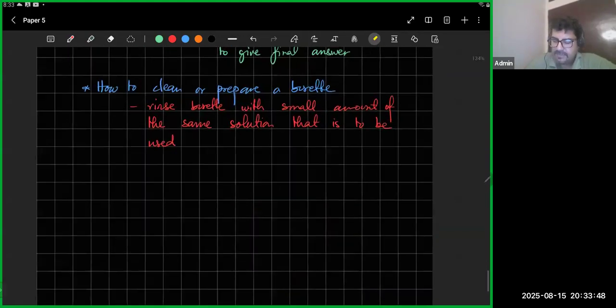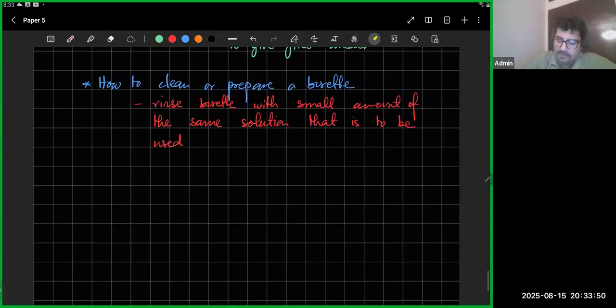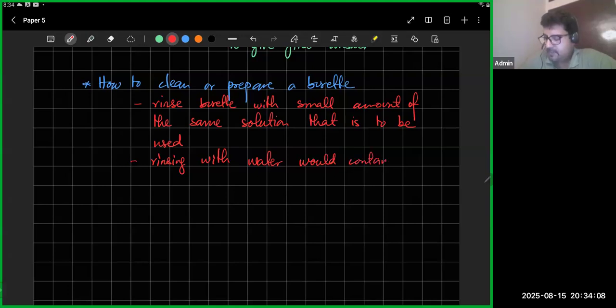The problem with rinsing with water is that we can't dry it, so it would contaminate it with water, and any solution that is added afterwards will get diluted. And that will affect the concentration.